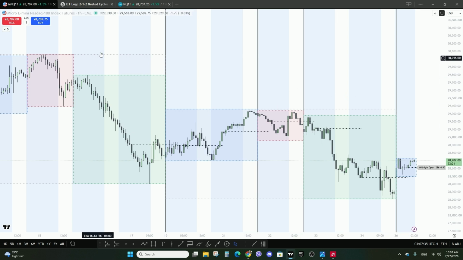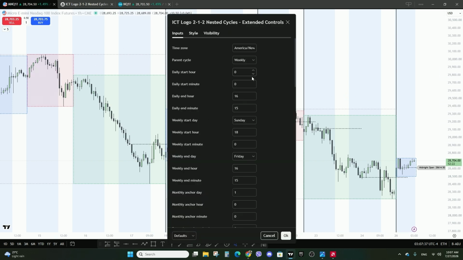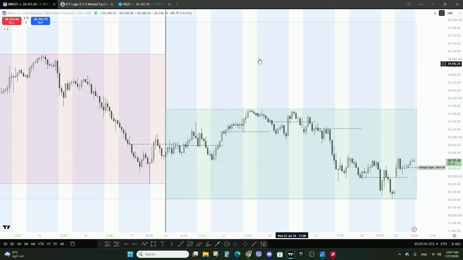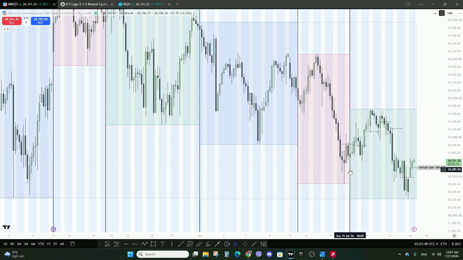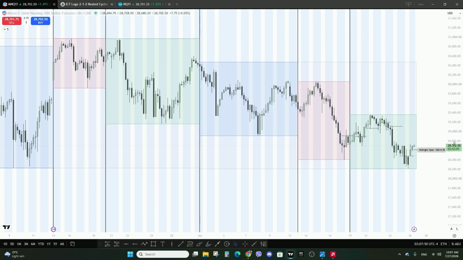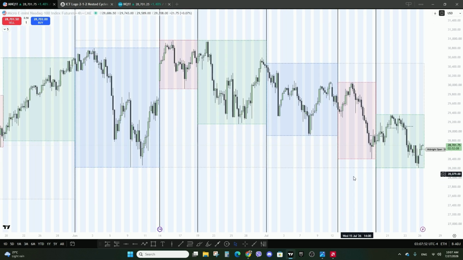Okay, so now that we saw how the weekly cycles form, we can do the same on the monthly. Let's go on the 4-hour, where we have the same thing: accumulation, manipulation, distribution. Previous month, high of the month formed during manipulation, and you can see in which days.